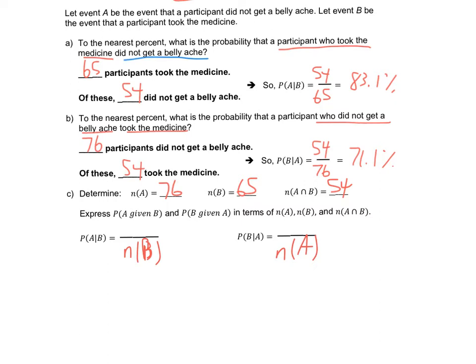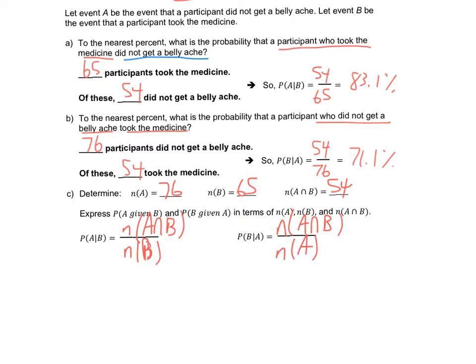And on top, we're looking at the intersection of those two sets A and B, which is going to be the same for both of these, regardless of the order, because BA, AB, the intersection is going to be the same number, which is the number of elements in A intersection B, and the same thing here. So you'll notice the difference between these two is the order of the letters obviously makes a difference in your sample space.